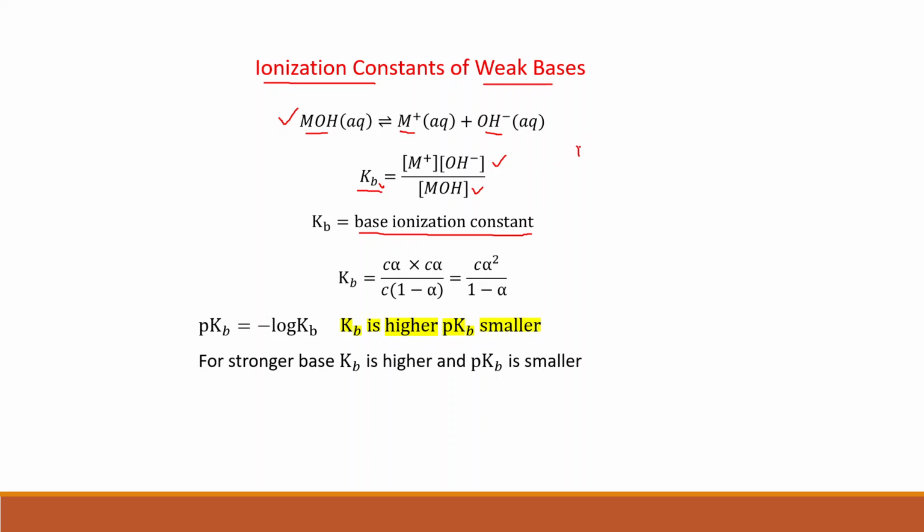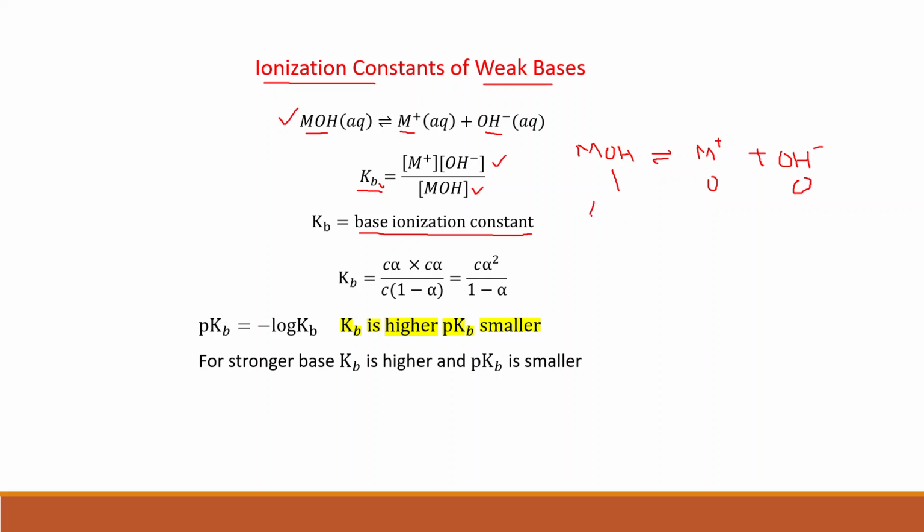Again, if we assume that initially the concentration of MOH is 1, then when no dissociation or ionization is taking place, the concentration of M+ is 0 and OH- is also 0.